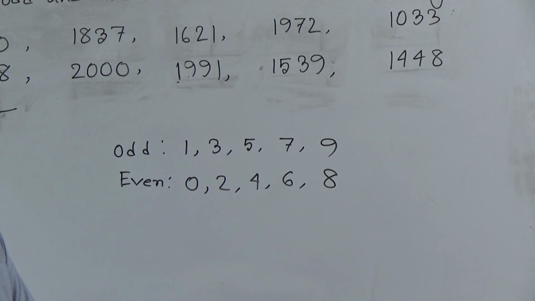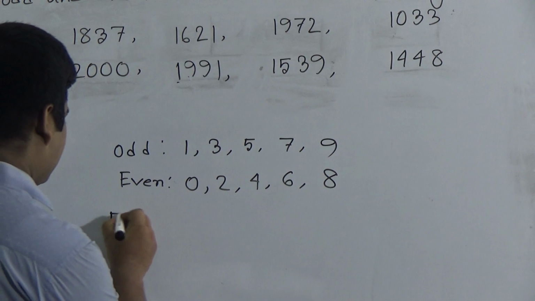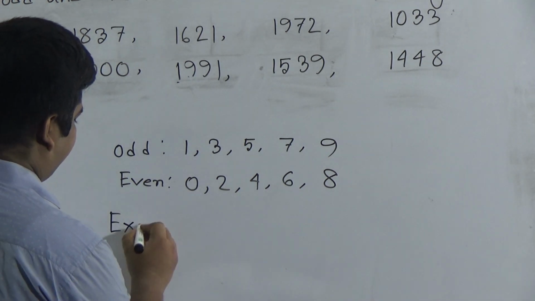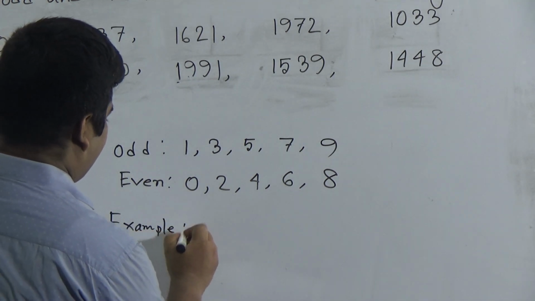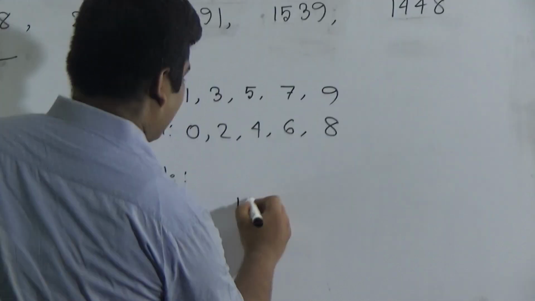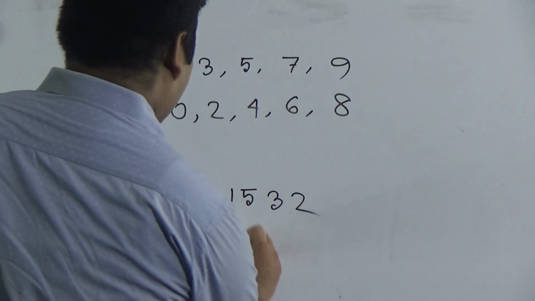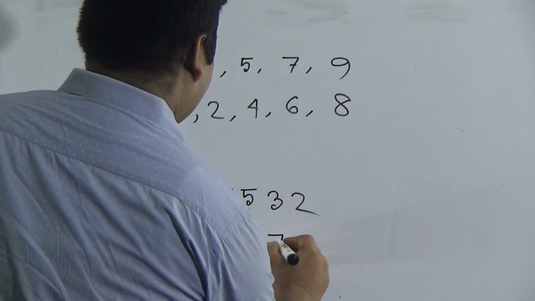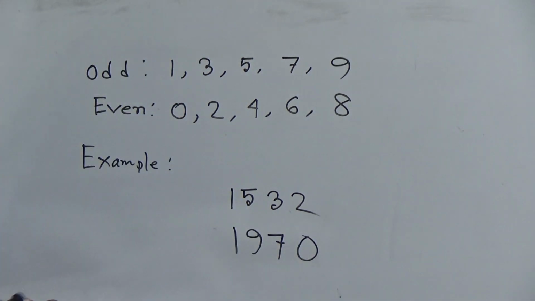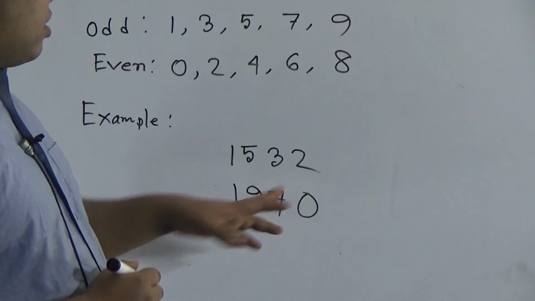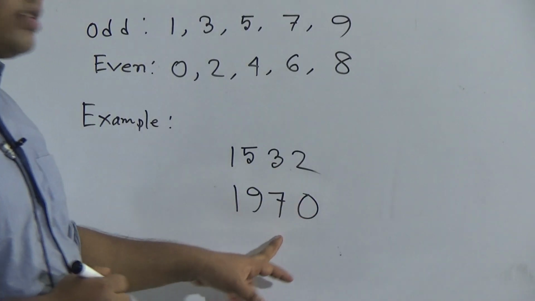So, let us solve an example. Suppose 1532 and another number is 1970. So, my dear students, we need to check which number is odd and which number is even.